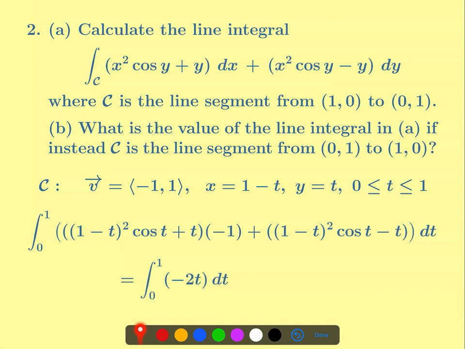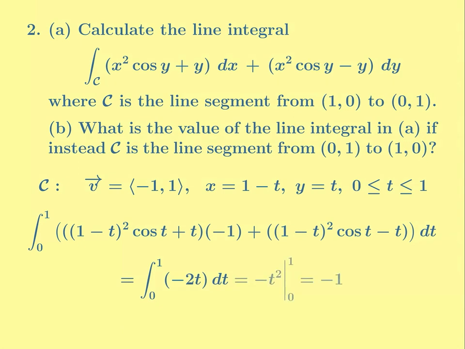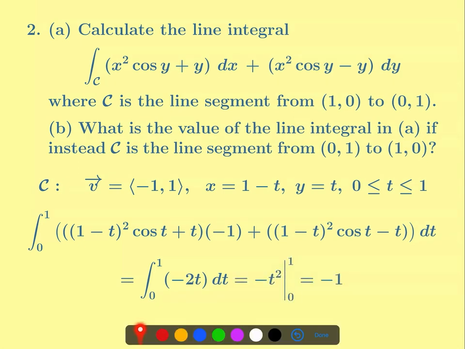So we're integrating minus 2t after we simplify that. And that's just going to be minus t squared for the integral, and we want to evaluate that from 0 to 1. So we're just going to end up with minus 1. So the answer to part A is minus 1. So again, that's the answer to part A.